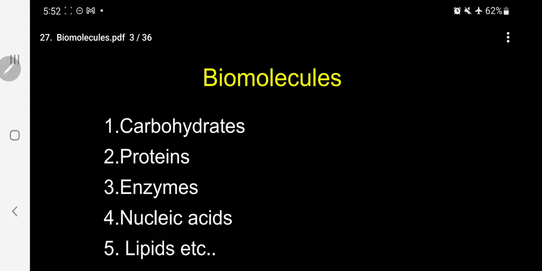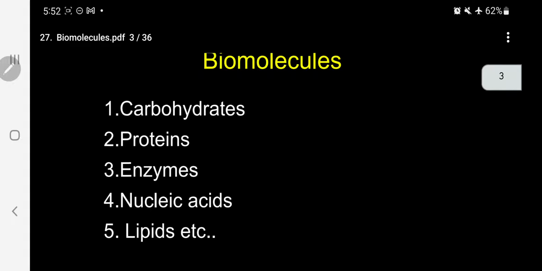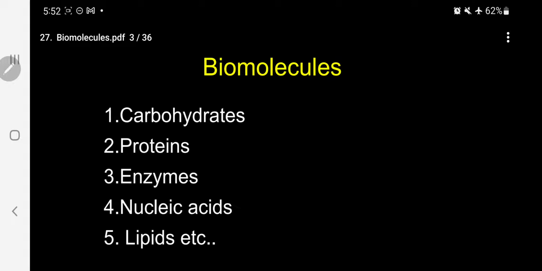Important biomolecules that we have to study under this topic: first, carbohydrates; number 2, proteins; enzymes; nucleic acids; and lipids, that is the vitamins, the fat, all these things coming under this category.